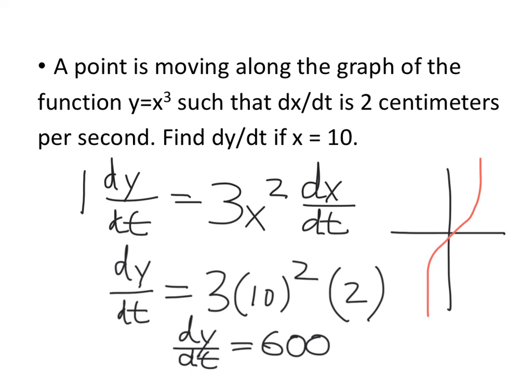And since the dx/dt, the change in x, was positive 2, as x moves to the right over time, the y is moving up, and we can also see that the y is starting to change really quickly. So it should make sense that this number is quite large, that dy/dt was 600.